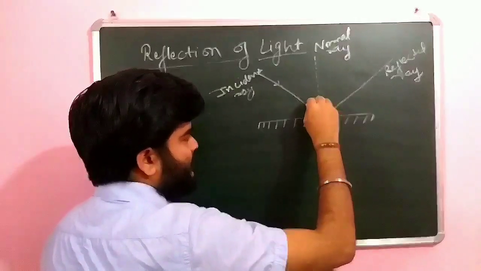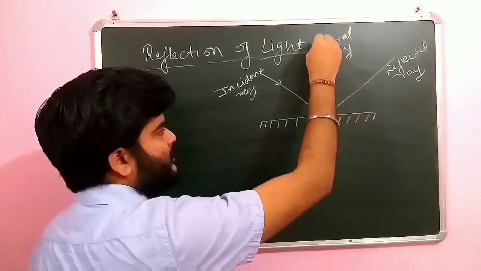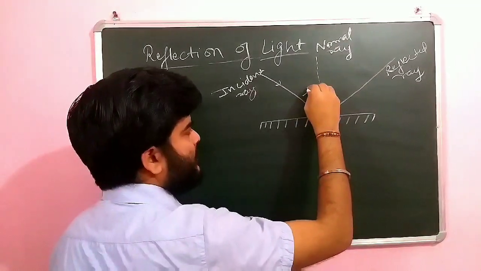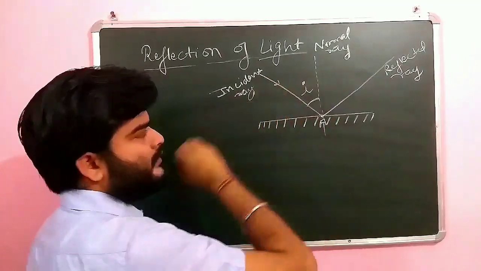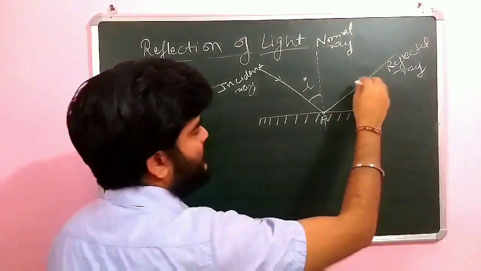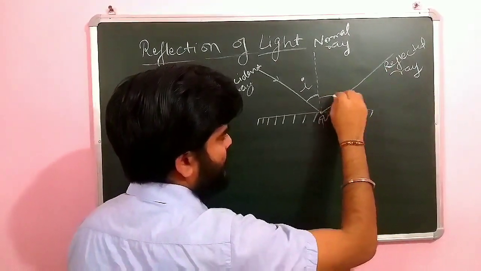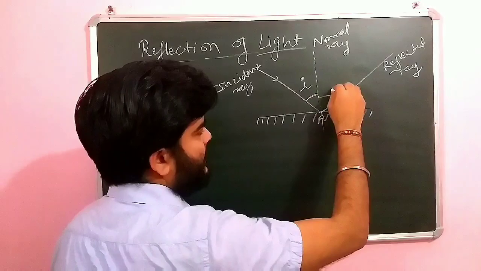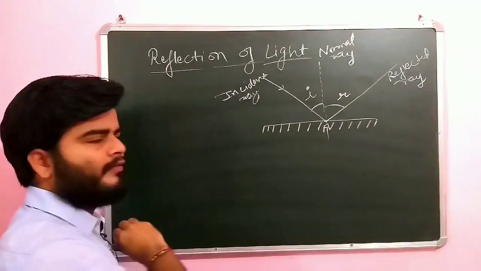The angle which the incident ray forms with the normal ray is known as the angle of incidence, and the angle which the reflected ray forms with the normal ray is called the angle of reflection.